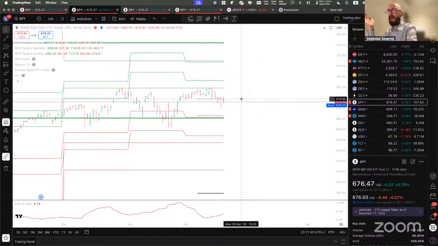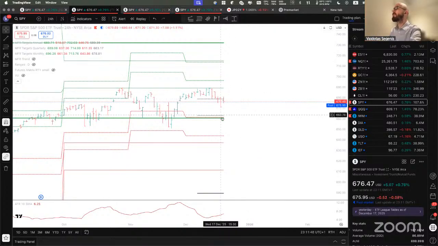So for a 690, 680 spread, I would do it for January. But if you want a wider one, maybe from 690 to the quarterly pivot, of course, you will have to allocate a bit more capital, but you can do February easily if you want. But I would do something like this: 690 to 680, January monthly expiration.